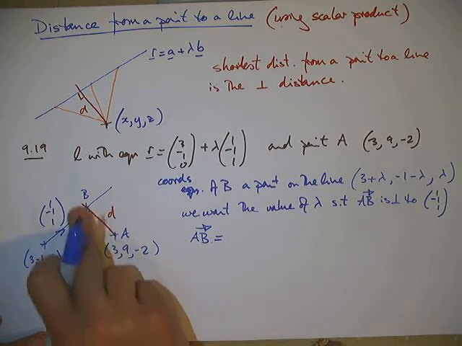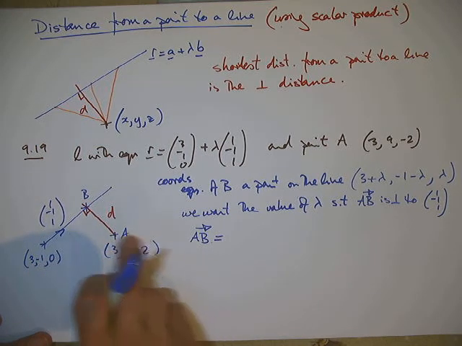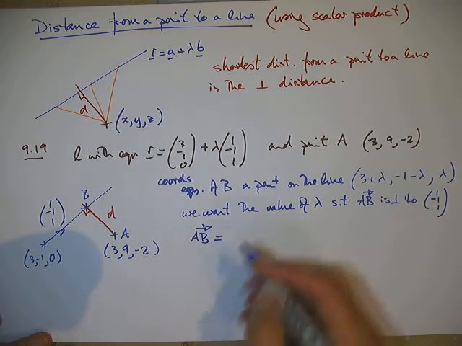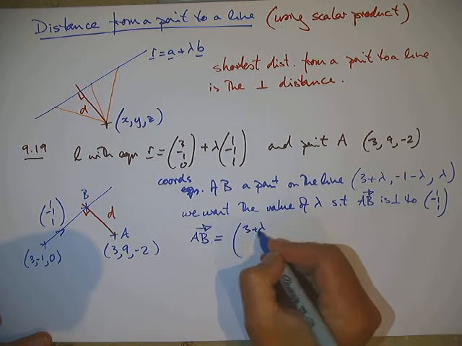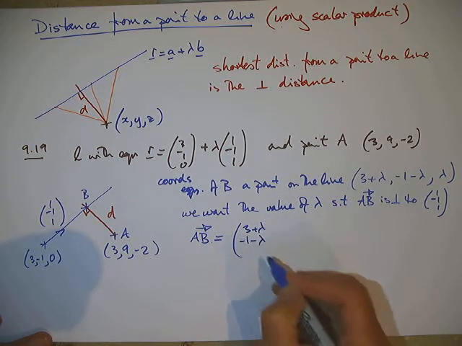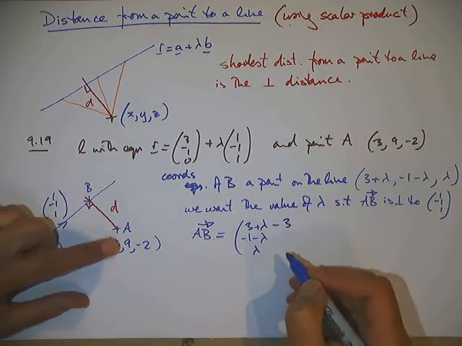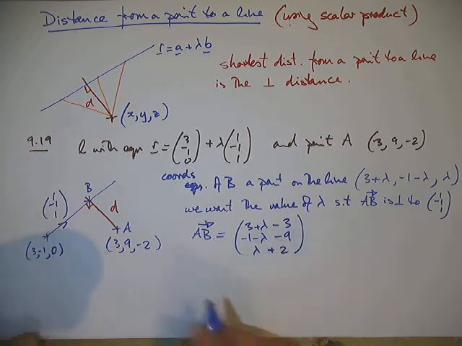To get from A to B, we take this off that: (3 plus lambda, -1 take lambda, lambda) take (3, 9, -2).